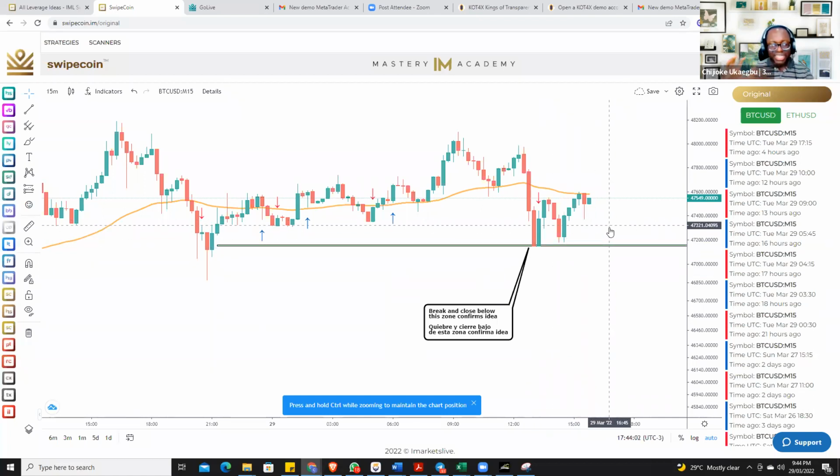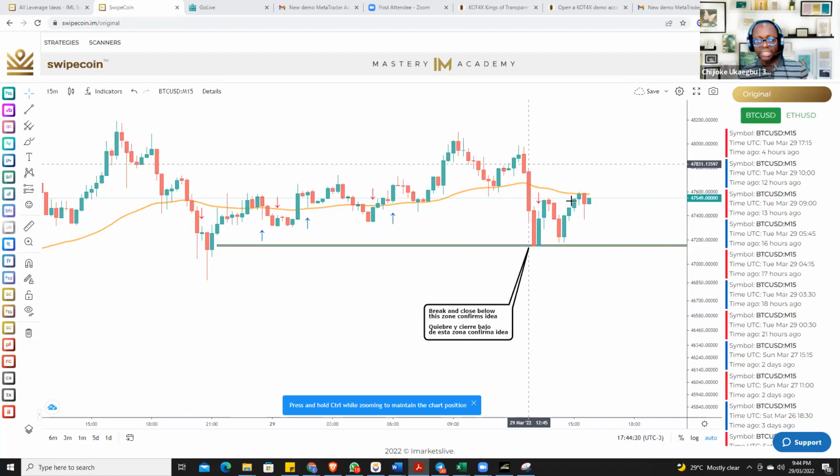And there is something specific we want to see about the way these red and green lines form that will tell us it is time for us to take a trade. In this case, take a sell trade, meaning you'll be selling Bitcoin, if these candles eventually come down here and they break and close below this line. That's how the tool works.